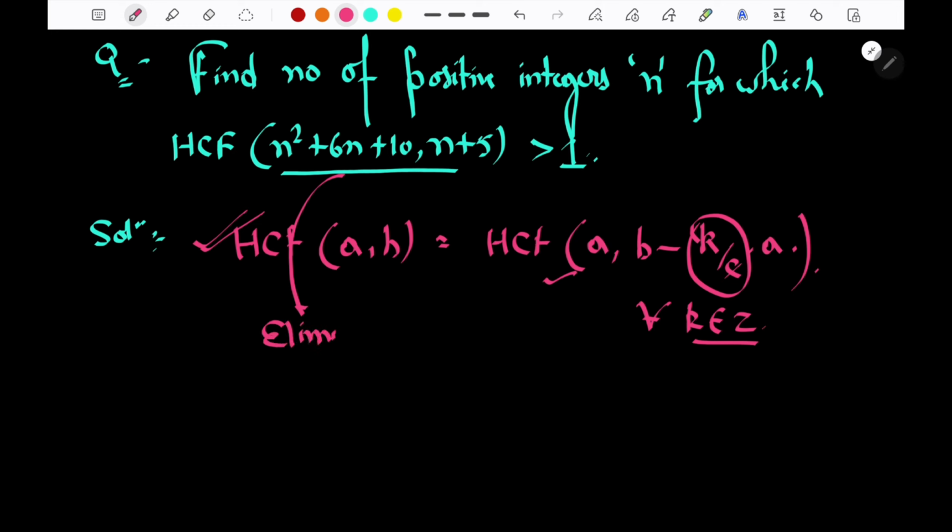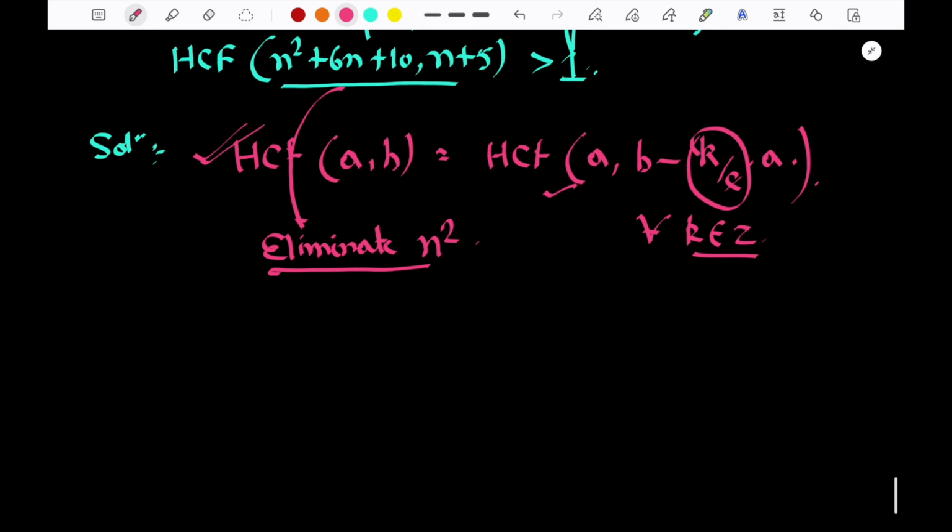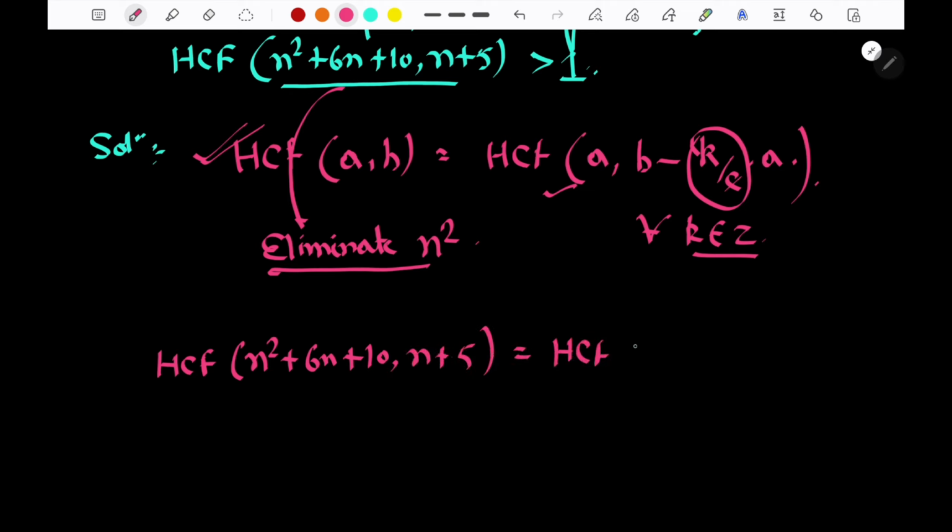Eliminate n square. Our objective is to eliminate n square. So how do we eliminate n square? The best way to do this is HCF of n square plus 6n plus 10 comma n plus 5 can be written as HCF of n square plus 6n plus 10 minus n into n plus 5 comma n plus 5.